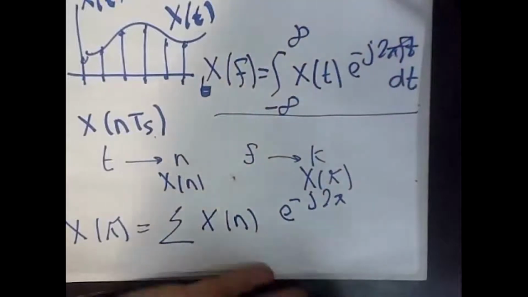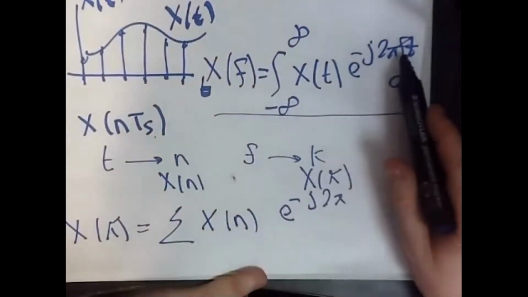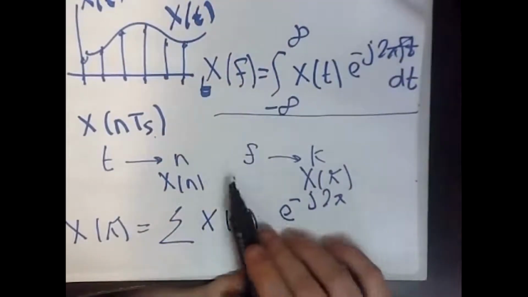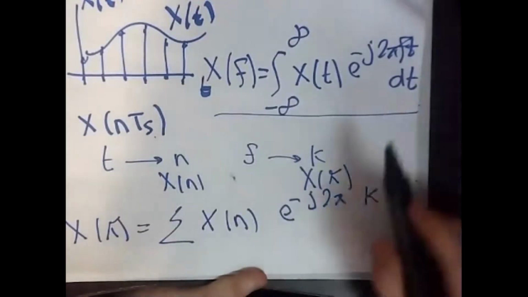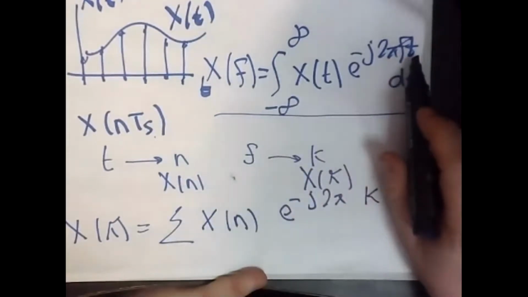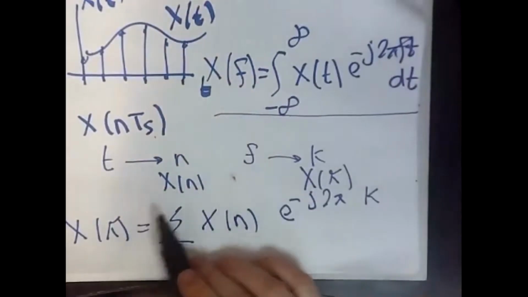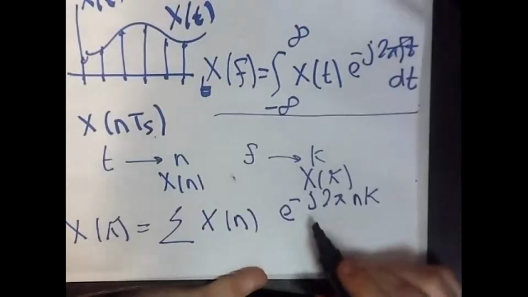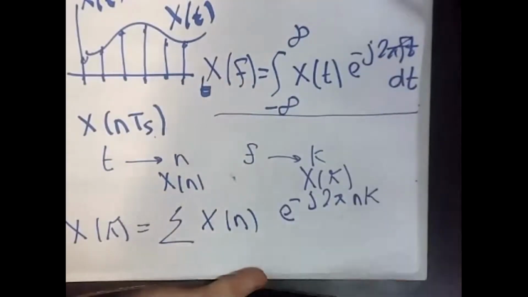Let's start to make replacements. This f, which is a frequency, is now replaced with k, because now f is the k. And this t, which is the time, the dummy variable in the integration, is now replaced with n. So you have e power minus j 2 pi n k.